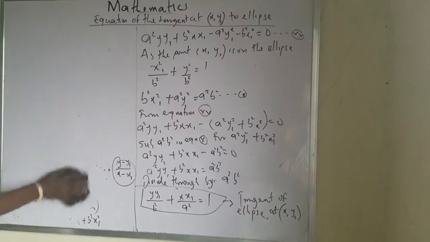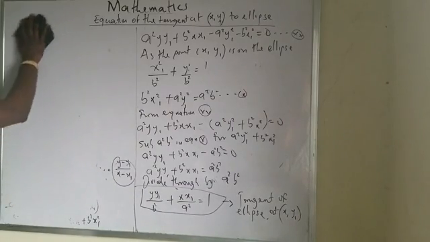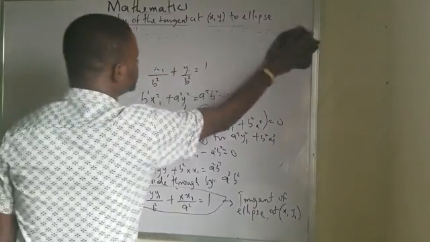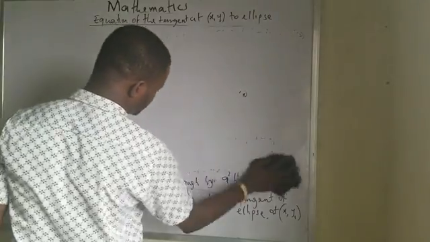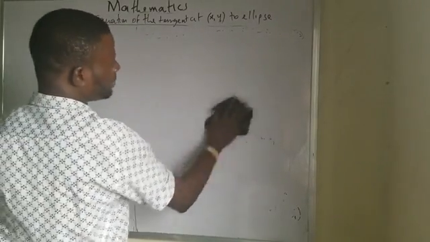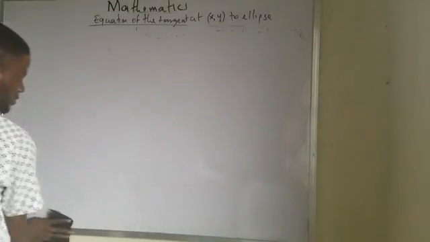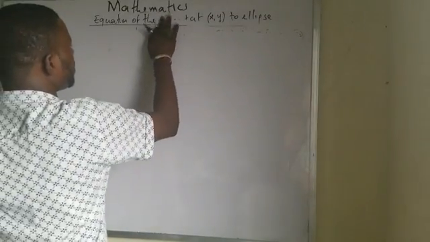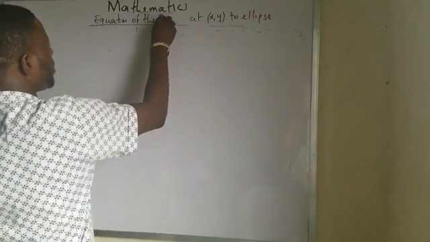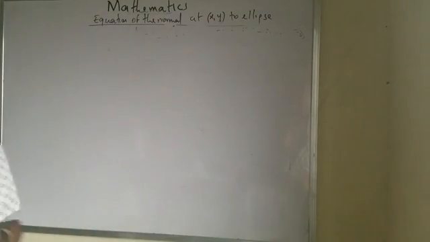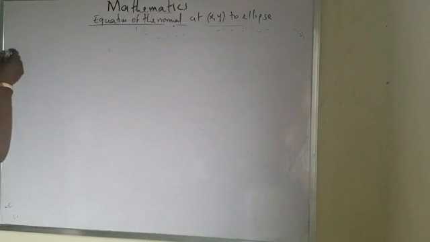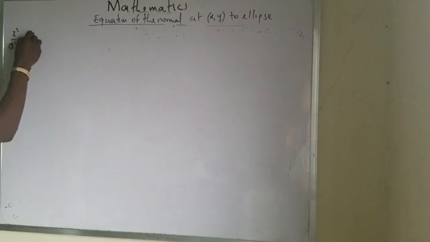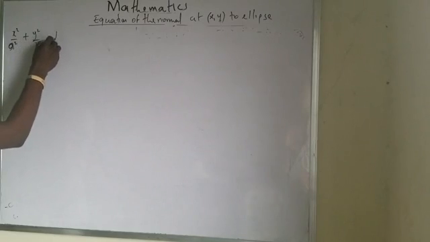Illustrate. Okay, let me try to work on the normal before we talk about example. Now, I'm now on the normal in the ellipse. Now, if I'm to talk about the ellipse, I'll be having x squared all over a squared plus y squared all over b squared equals to 1.